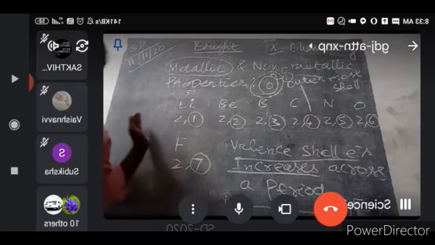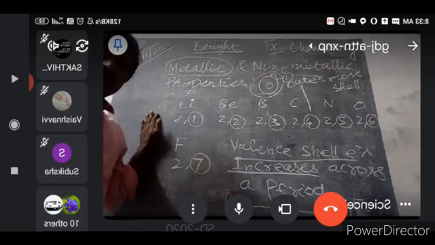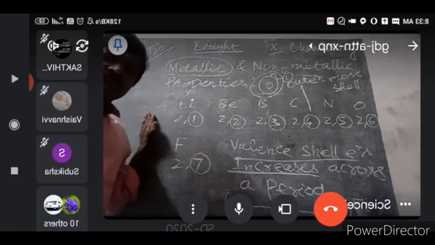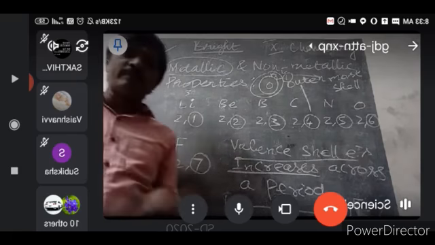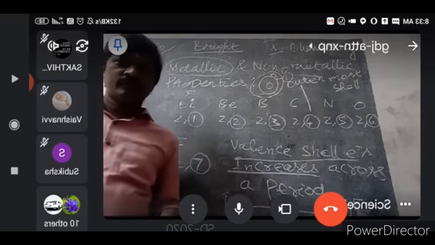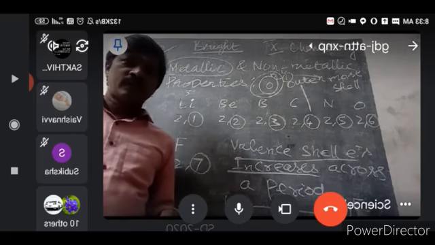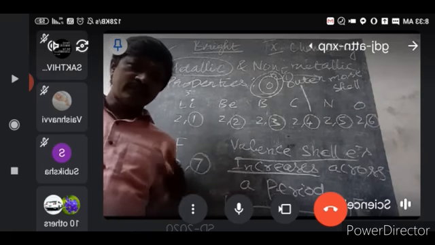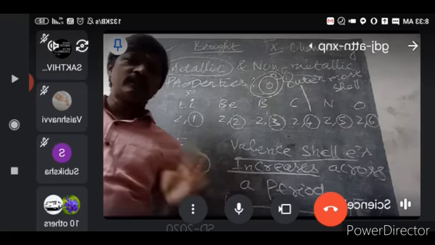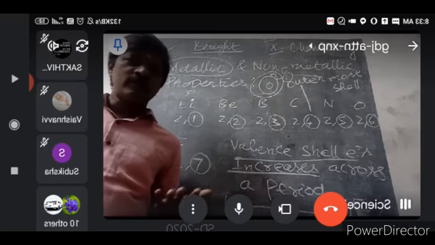Those who cannot understand the concept, ask your doubts then and there and get some clarity. I already mentioned this is a comprehensive type of revision. It is already given in the book. We are just reading whatever is given in the book and trying to understand the concept.